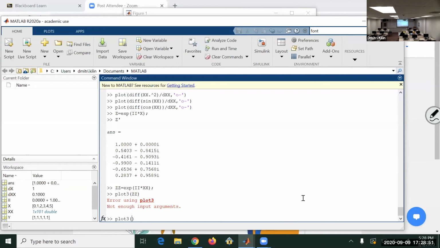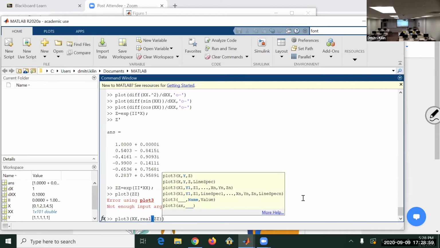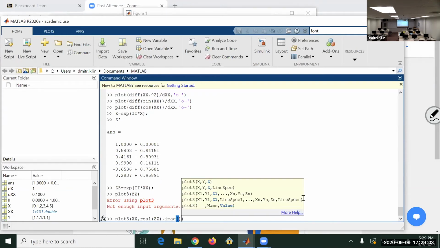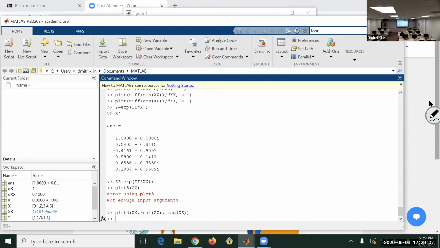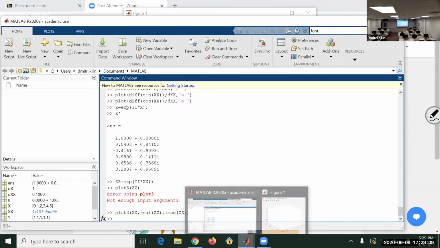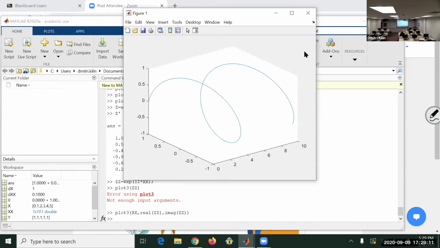Okay, x real z, imaginary z. Okay, it doesn't. There is no error message. So here is the object that you are discussing today in the class.